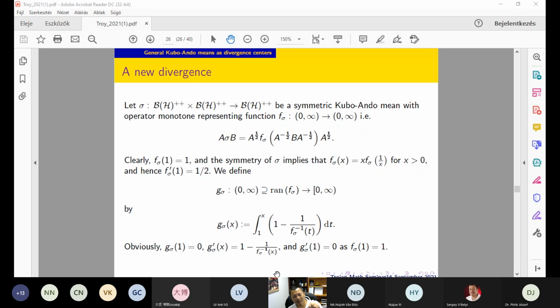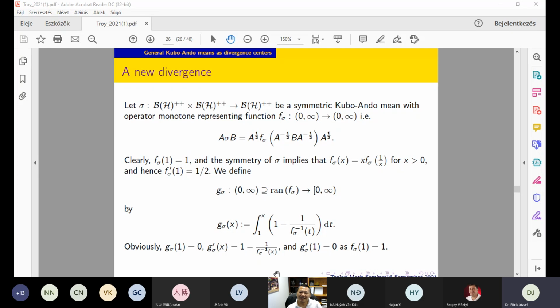So we pick any well-known mean, like the Heinz mean or whatever, and then we try to construct a quantum divergence such that the given mean is the midpoint, the solution of the least squares problem. And I think that is difficult. Yes.